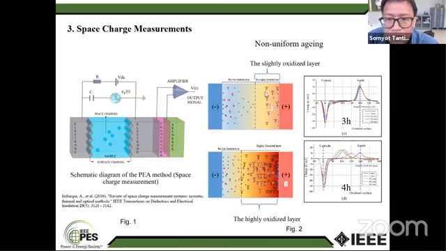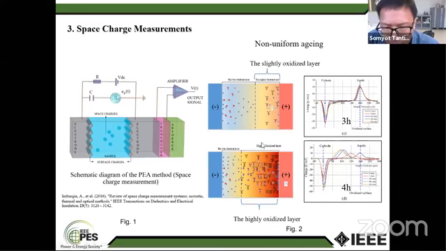This is the size of the traps. When the traps are filled, they refuse further injection from the anode. So you couldn't see any change in the charge inside the insulation from 0 minutes to 60 minutes.